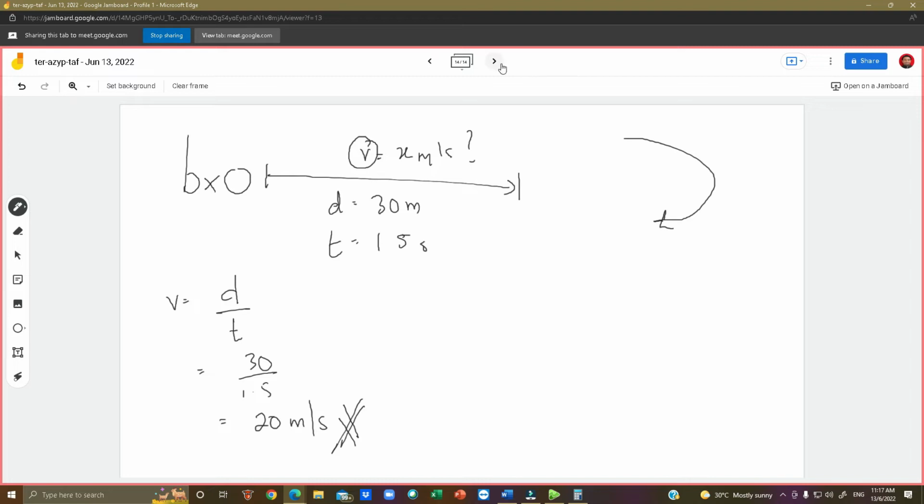Okay, the second one. The same case, we take netball. We take a netball chest pass to a player.